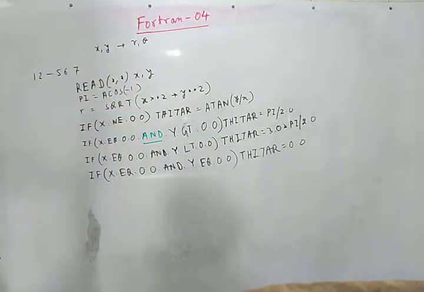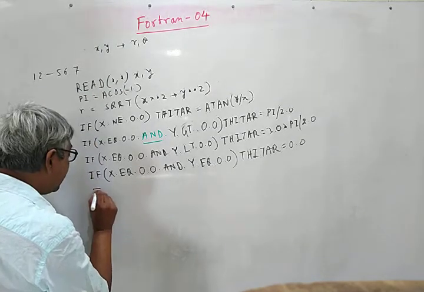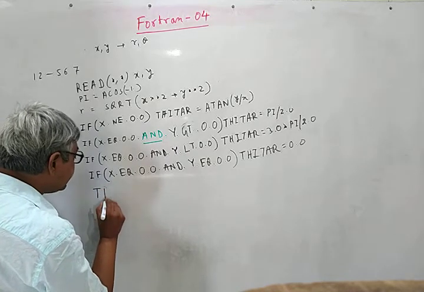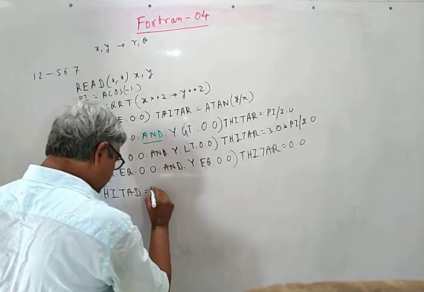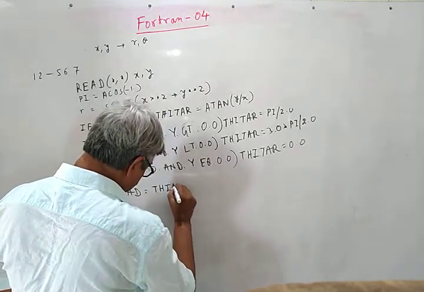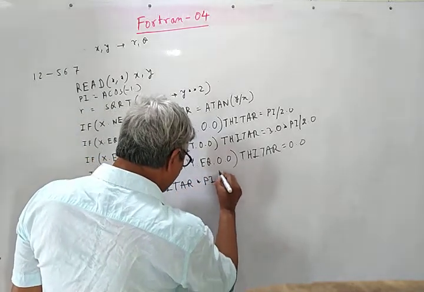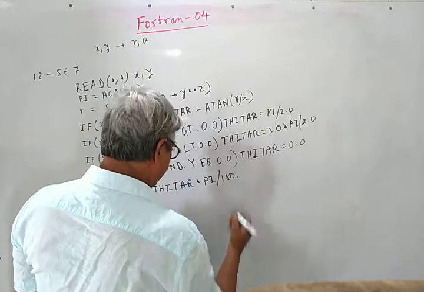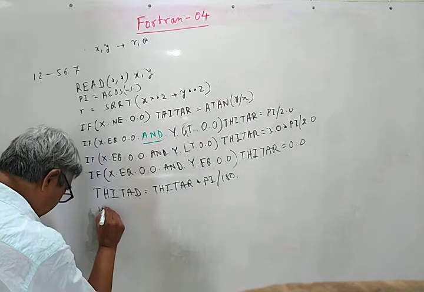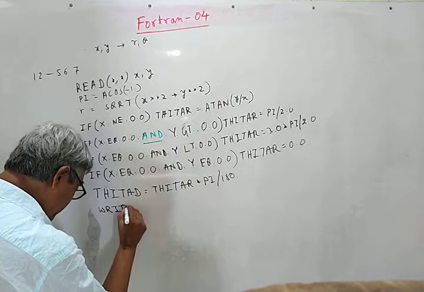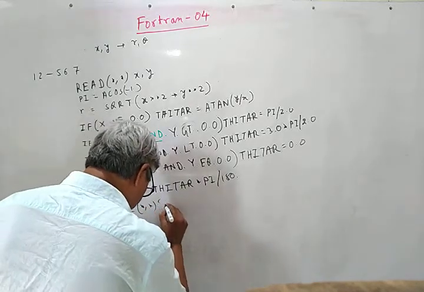Then if we want to find theta in degree, we write theta d is equal to theta r star pi divided by 180. And finally we write Cartesian coordinates.